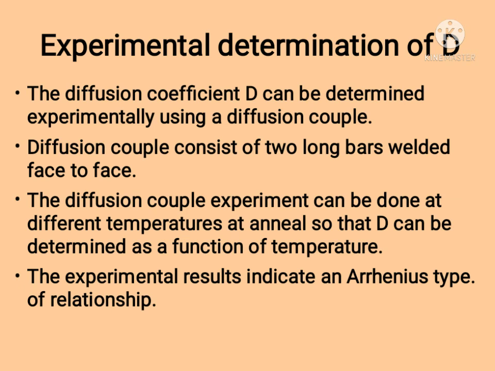The next point is the experimental determination of capital D, that is the diffusion coefficient. For this, consider a diffusion couple consisting of two long bars welded face to face.